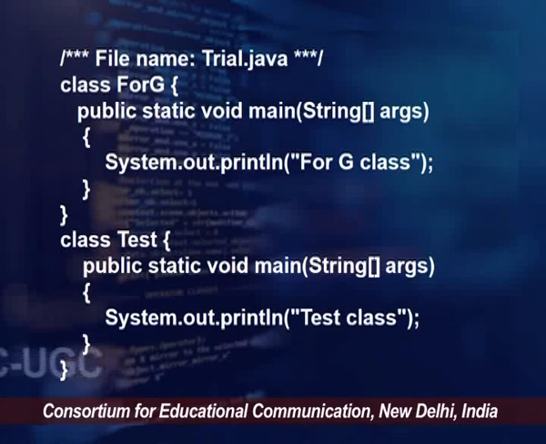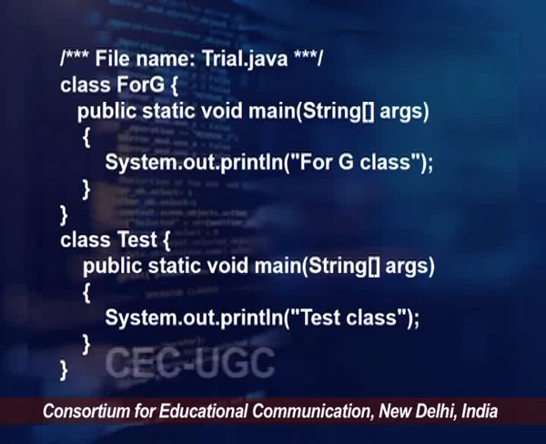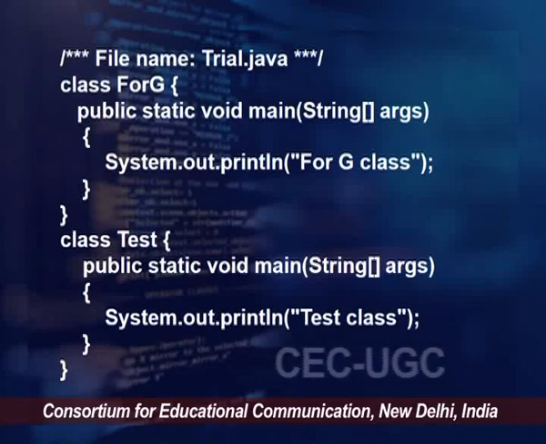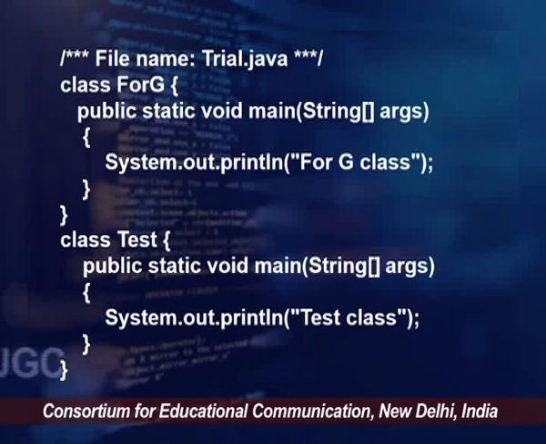After execution of this command, if you look into the directory in which you are working, for example the bin directory, you will see two classes generated: ForG.class and Test.class.